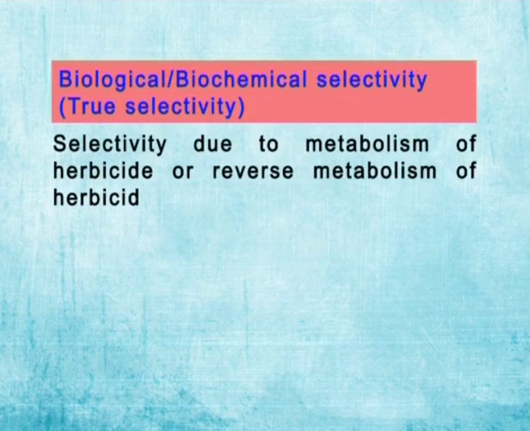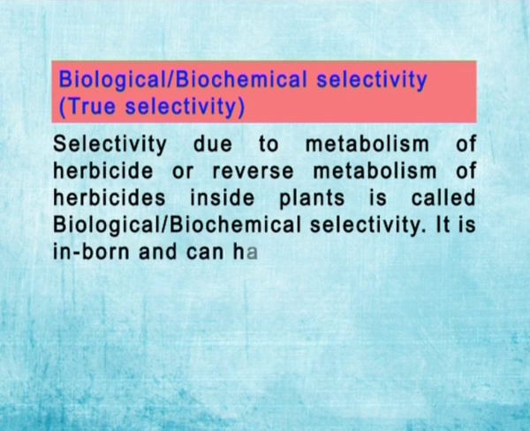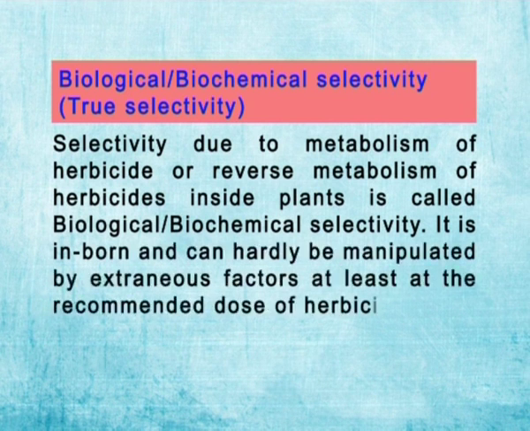Selectivity due to metabolism of herbicide or reverse metabolism of herbicide inside plants is called biological or biochemical selectivity. It is inborn and can hardly be manipulated by extraneous factors, at least at the recommended dose of herbicide.